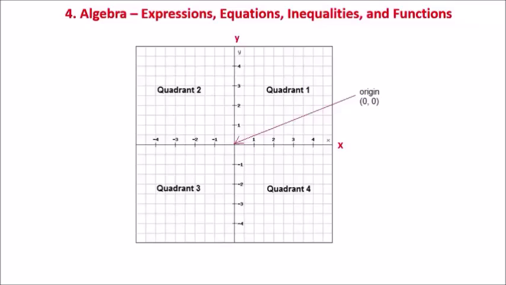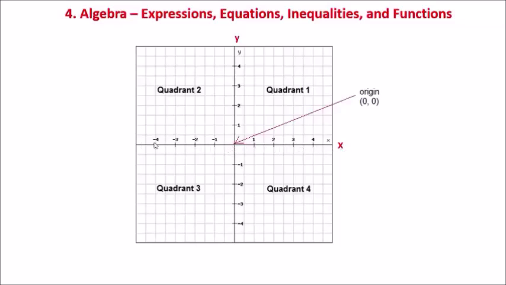So let's look at this picture here. We've got 4 quadrants: Quadrant 1, 2, 3, 4. We've got the x-axis, y-axis, and right in the center we have the origin, 0, 0. From the origin, if you go right, the x values keep going up.